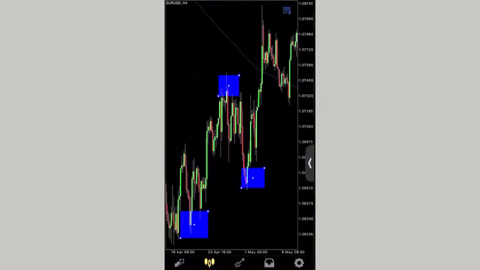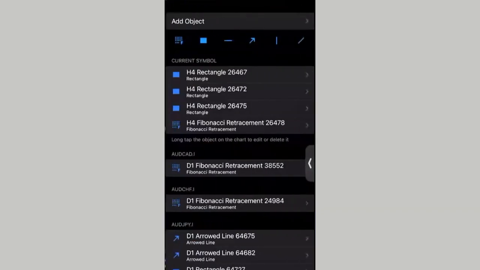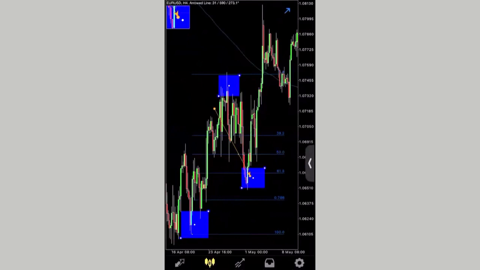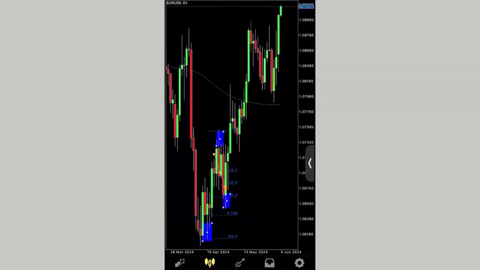If you draw your Fibonacci from here to there, you can enter over here at the 61.8% around these zones. You get what I'm saying? But if you looked at the daily time frame, this is all noise. You cannot really pinpoint that. So in my opinion, it all depends on how good the time frame is showing structure.